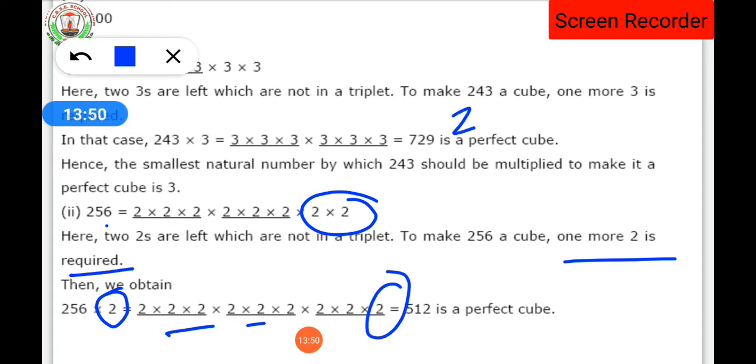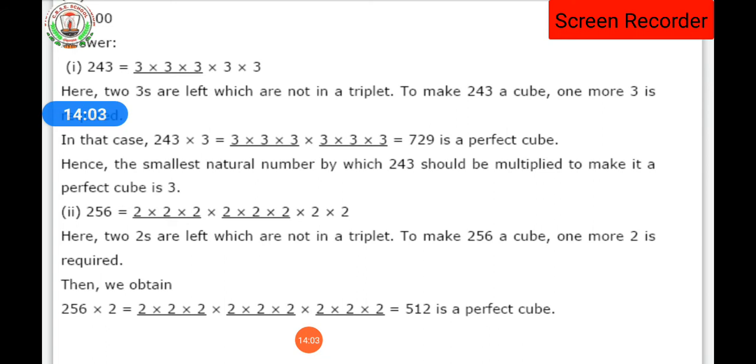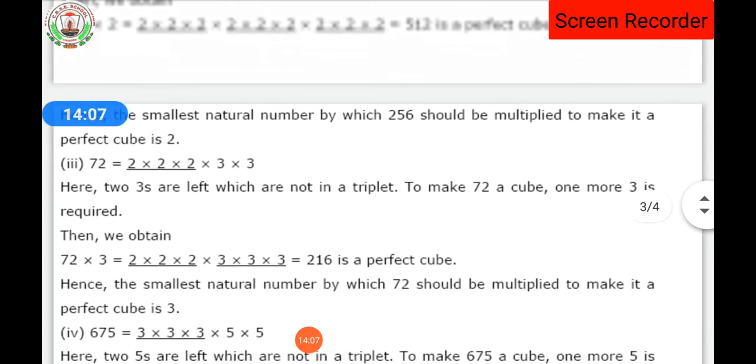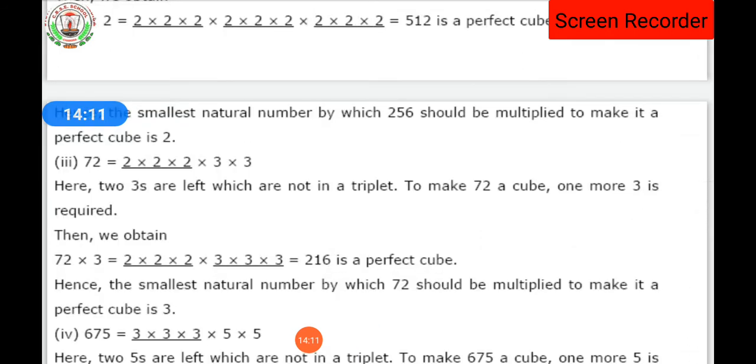So when 256 is multiplied with 2, you will get the required answer as 512. Okay, so 512 is a perfect cube.